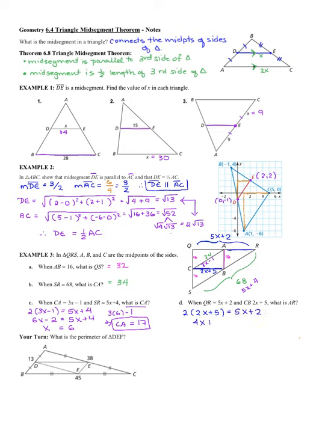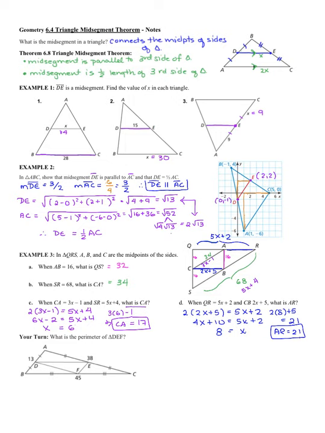So we have 4x plus 10 equals 5x plus 2. So x equals 8, and when we plug it back into 2x plus 5, 2 times 8 plus 5 equals 21. So AR is a length of 21.